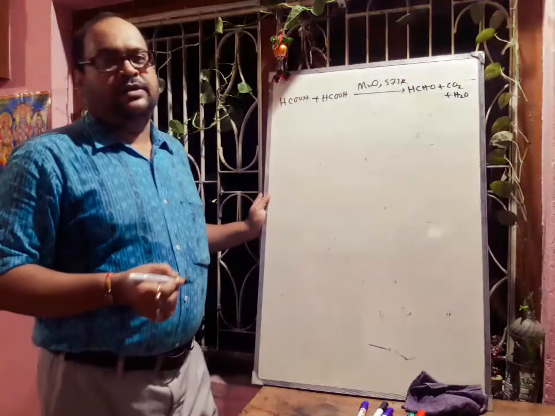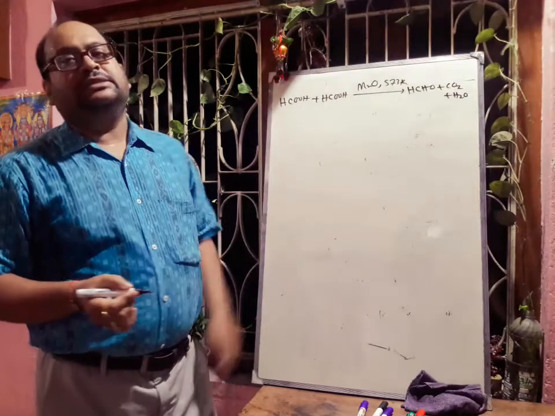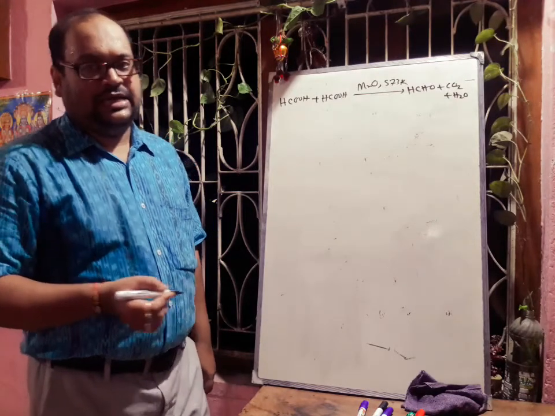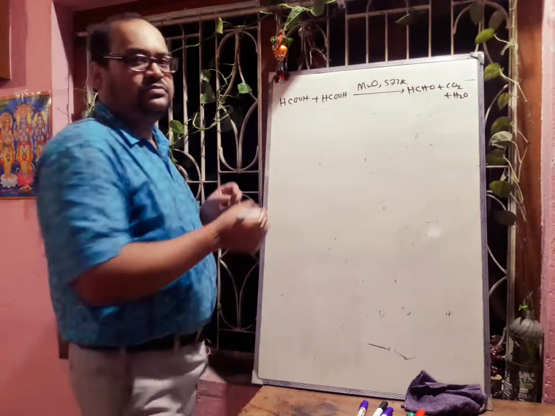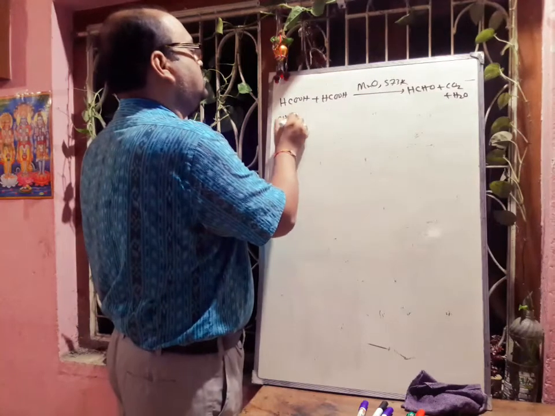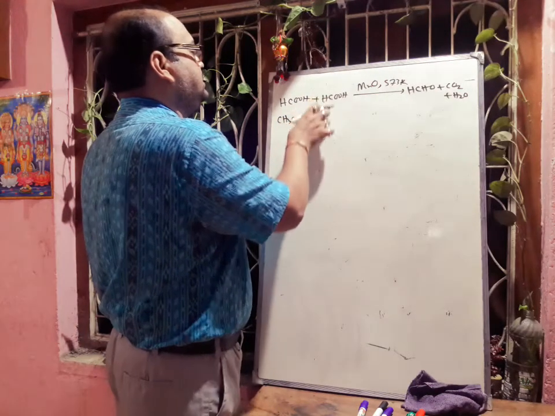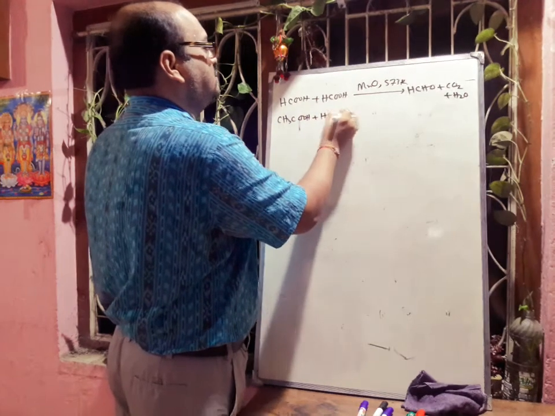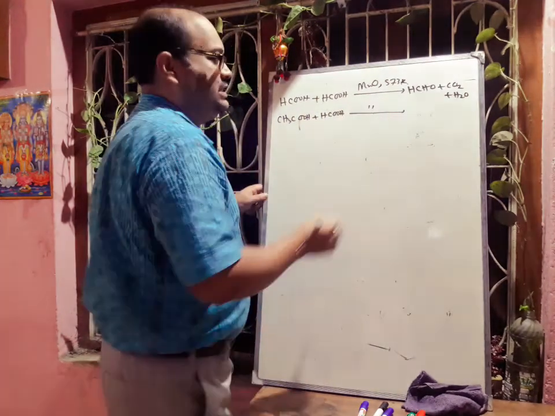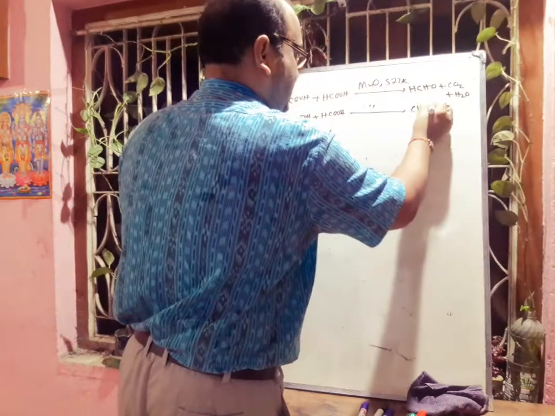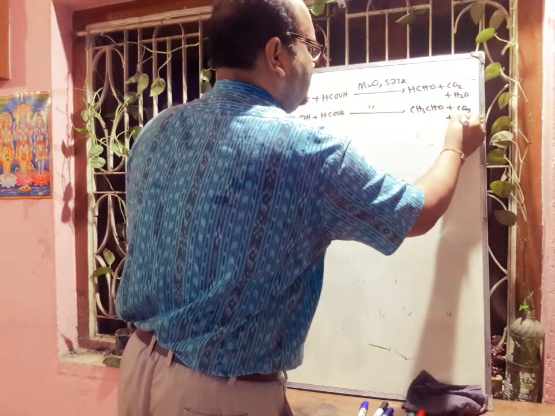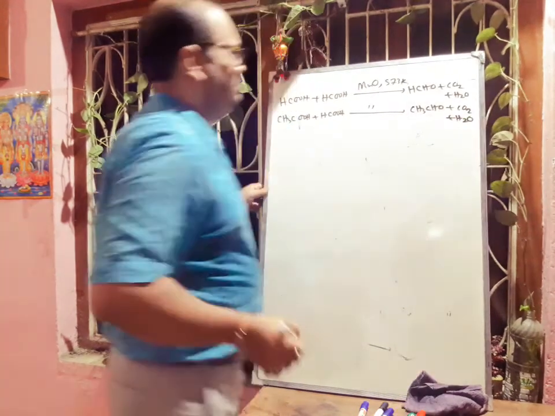Okay, but here if we take acetic acid, then it will produce acetaldehyde. CH3COOH plus HCOOH. We use same reagent, then there will be formation of acetaldehyde plus carbon dioxide plus water.